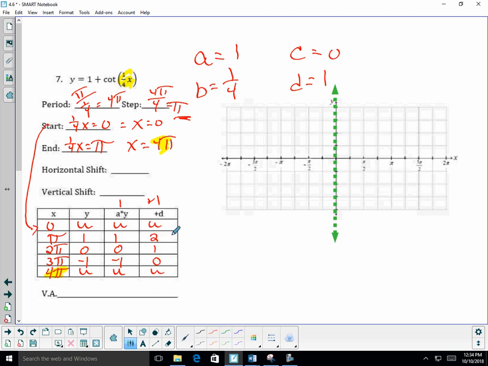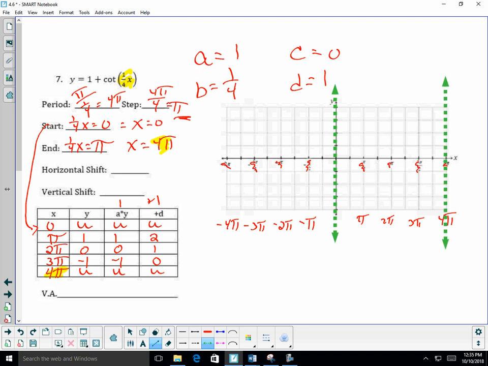So let's make this pi, this 2 pi, this 3 pi, and we'll make this one 4 pi. Going the opposite direction, negative pi, negative 2 pi, negative 3 pi, and finally negative 4 pi.